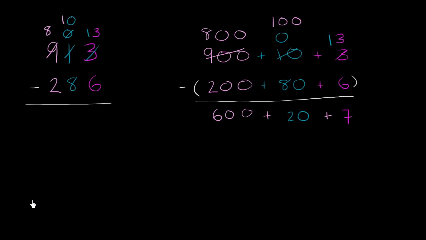And so now we are ready to subtract. 13 minus 6 is 7. 10 minus 8 is 2. Remember, this is really 10 tens minus 8 tens to get 2 tens, 100 minus 80 to get 20. And then finally, we have 800 minus 200 to get 600. 627.